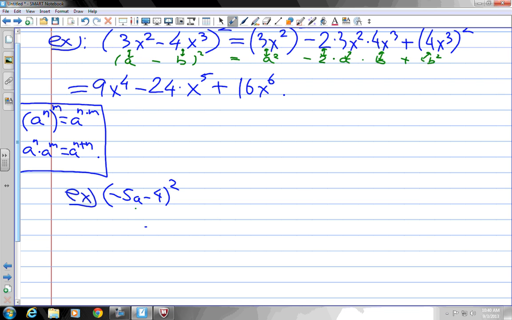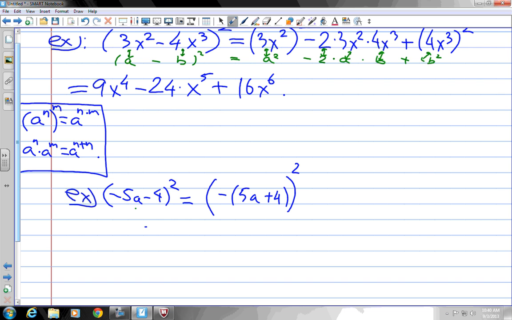When you factor a negative out, that negative remains under the square. It doesn't go all the way out, because that would violate the order of operations. So you pull the negative out of 5a and 4, but the square still hangs on top of that whole thing.